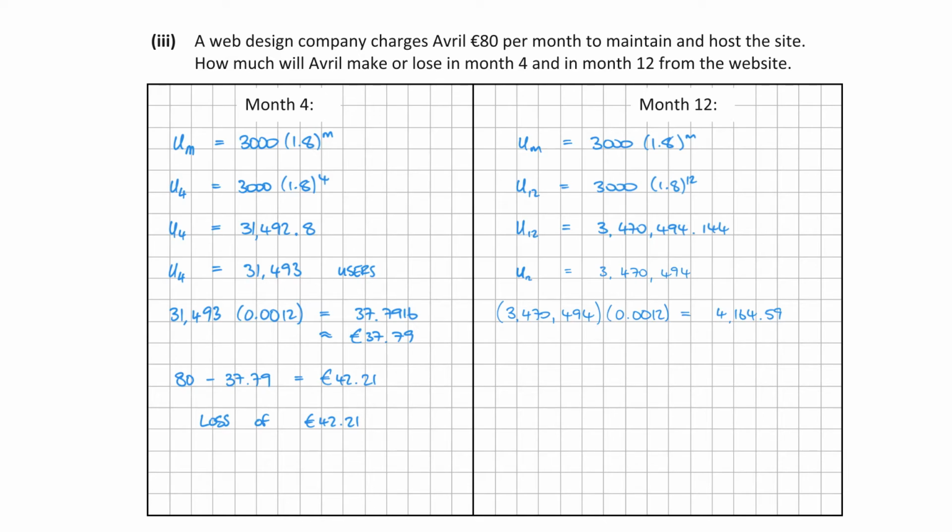Okay, so to calculate how much she earned after she paid for the person to run her website, she would have made 4,164.59. Take away the 80 euro cost to run the website, and she's left with a profit there of 4,084 euro and 59 cents.